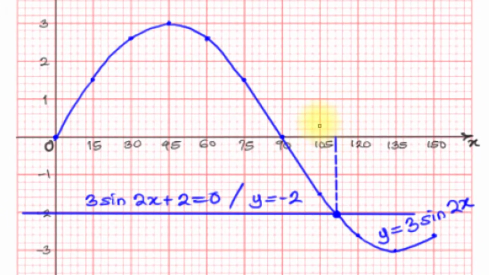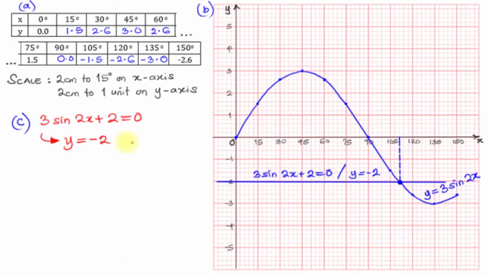So I have 105 plus 3 is 108 plus another 3, that will be 111 degrees. All right, so I can say in that case, for y is equal to minus 2, the truth set is given as x, such that x is equal to 111 degrees.